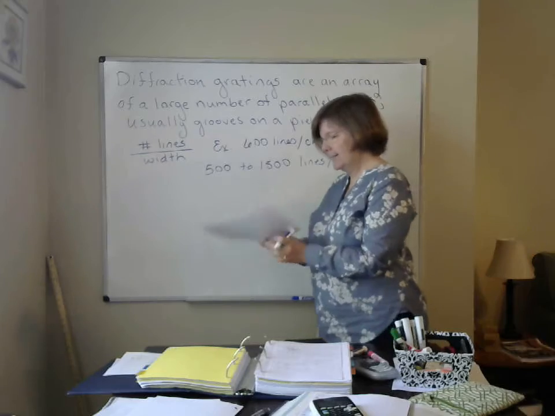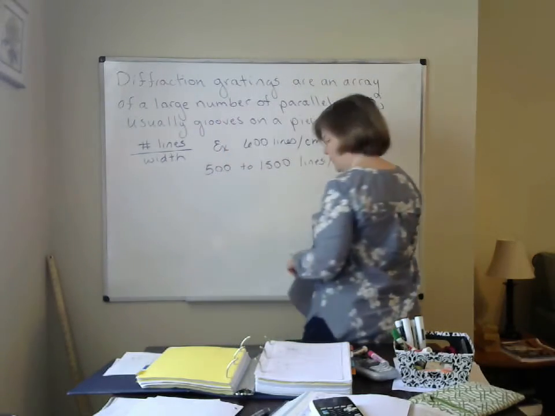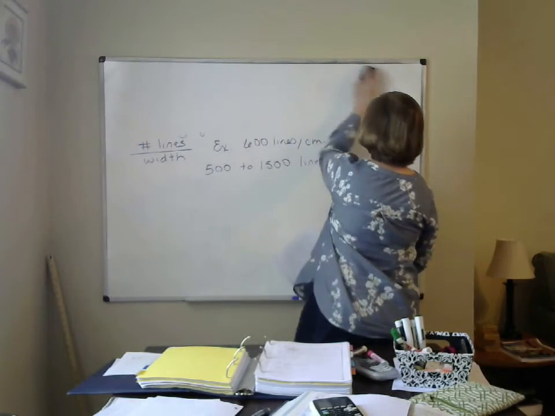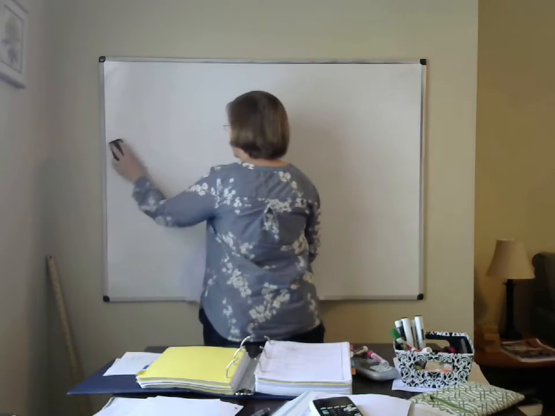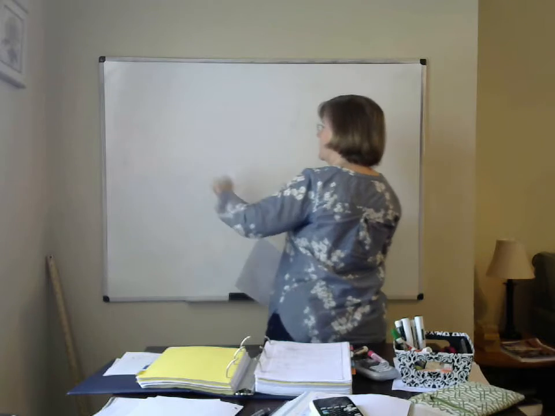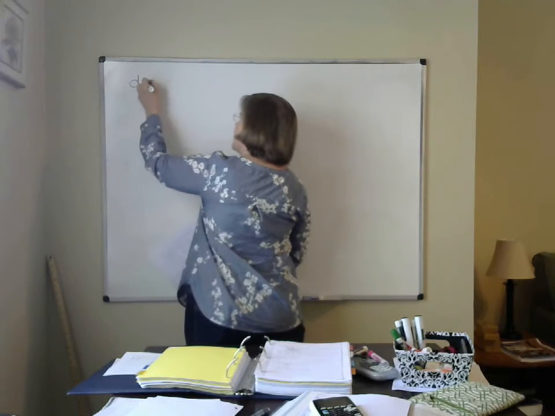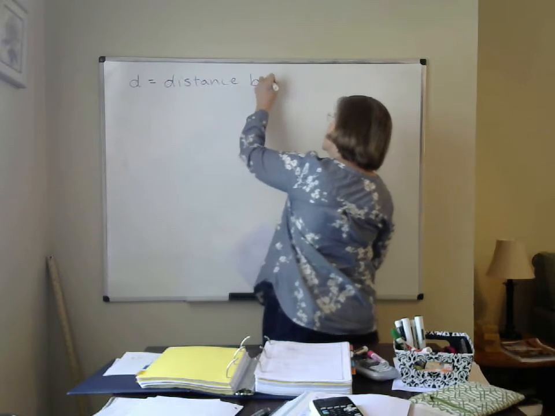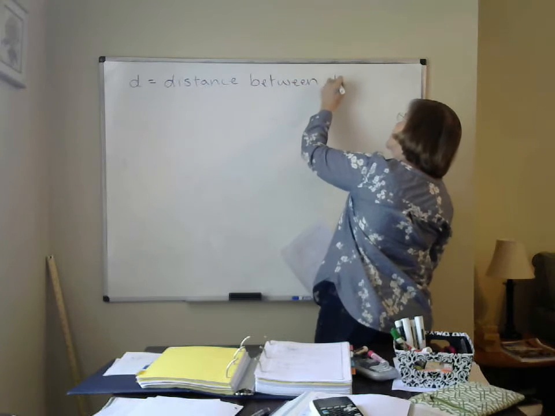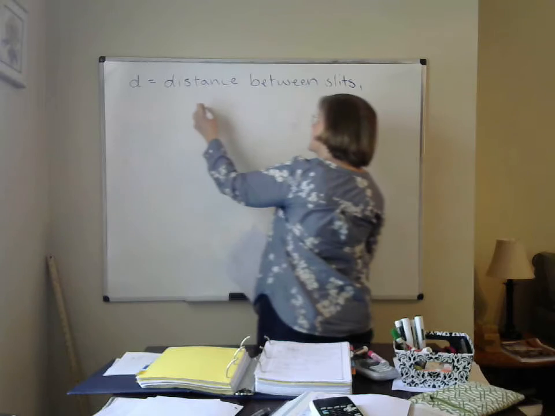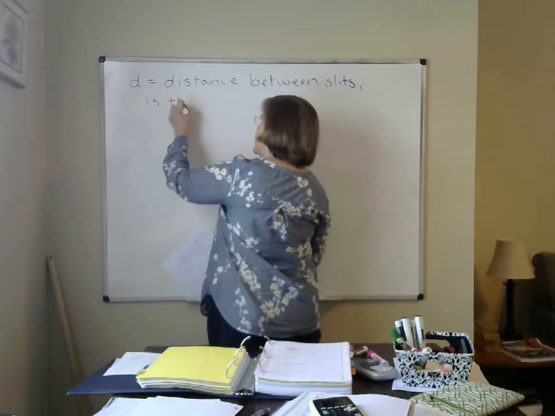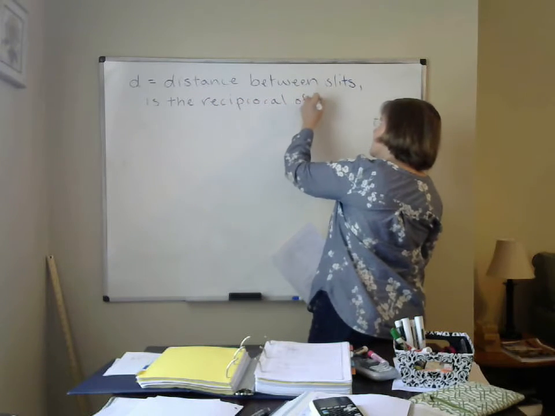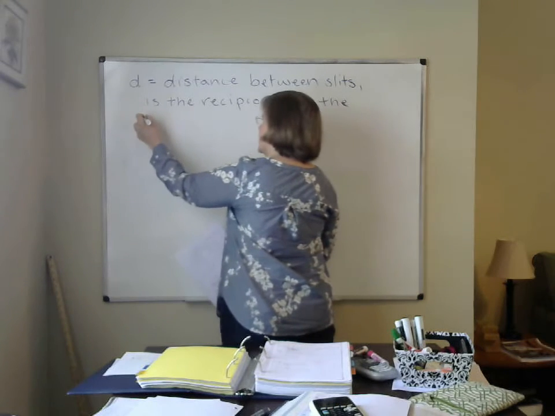So d, which we've used before, which is the distance between slits, is the reciprocal of the line spacing.